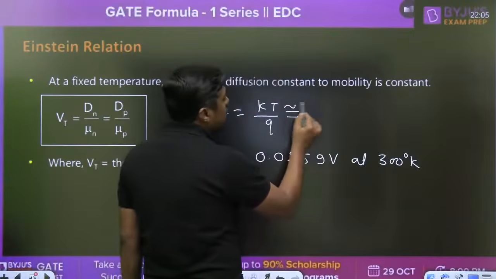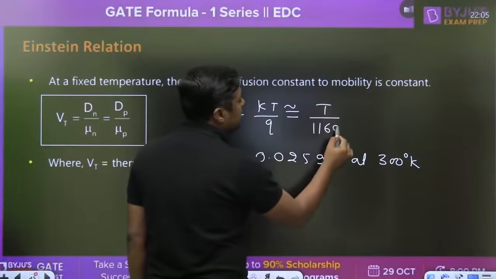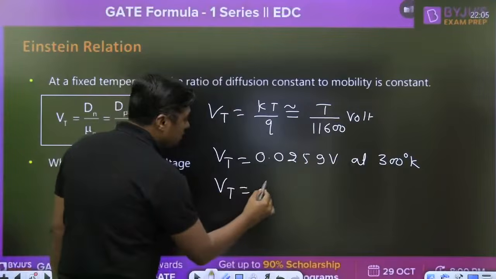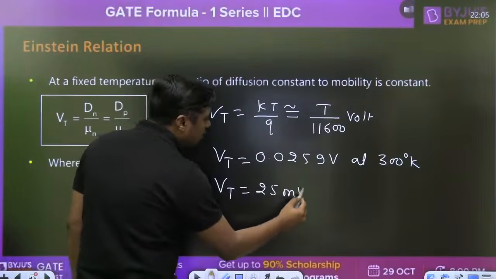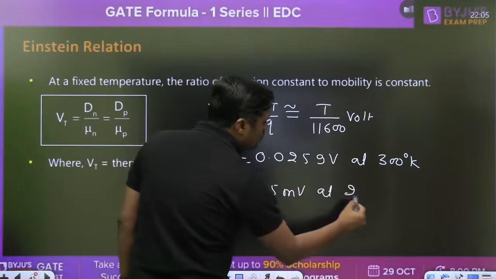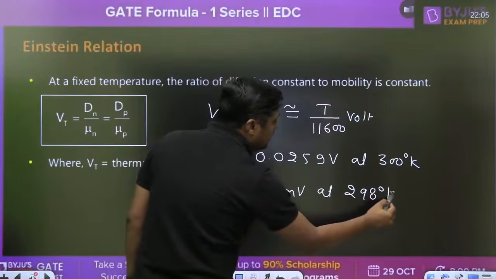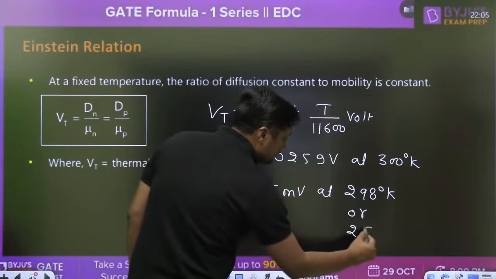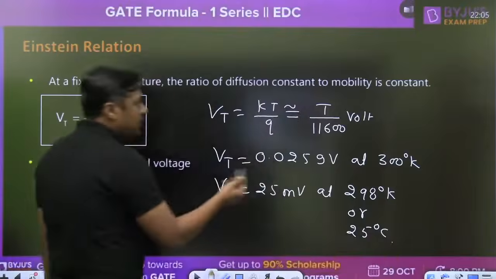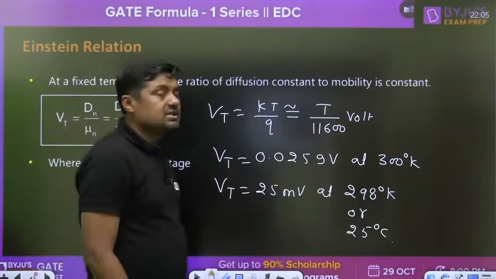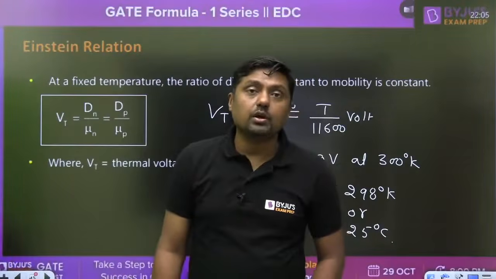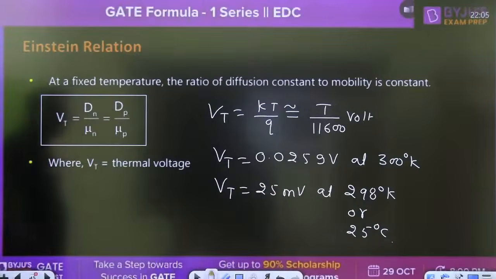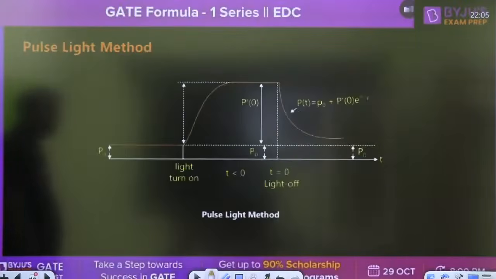It is nearly equal to T by 11,600 volt, or we are using Vt nearly equal to 25 millivolt at 298 degree Kelvin or 25 degrees centigrade. Normally we are using these two values, Vt 26 millivolt or 25 millivolt. In the GATE exam normally 25 millivolt is given, that is at 25 degrees centigrade, and that is the Einstein equation.